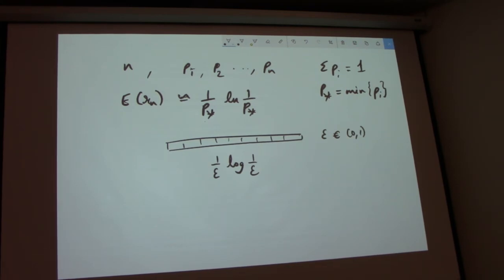Sorry, what does epsilon represent here? It's the probability that you hit one interval in this continuous distribution. Is epsilon the interval? Epsilon is the probability that you hit that interval. So you have some interval, and the probability that you hit it is epsilon.